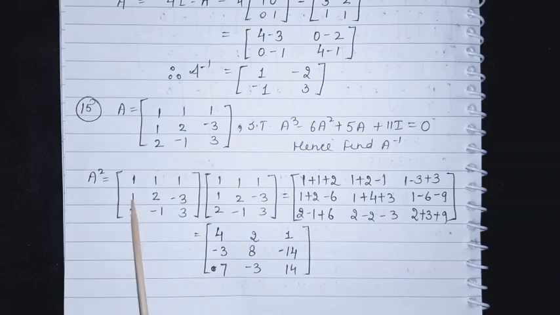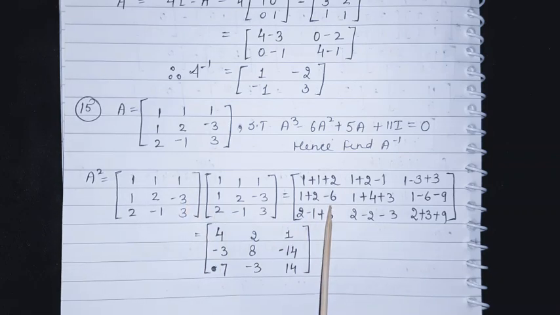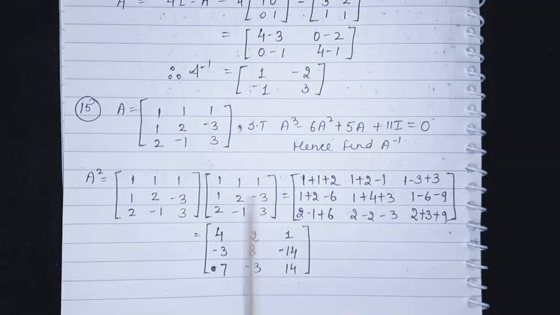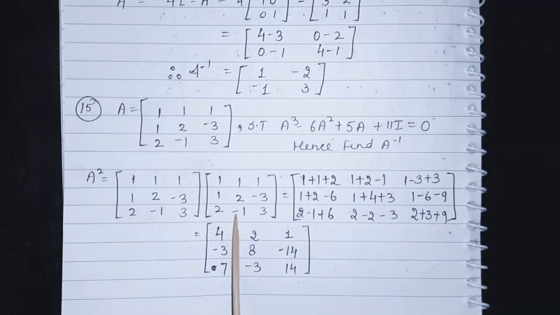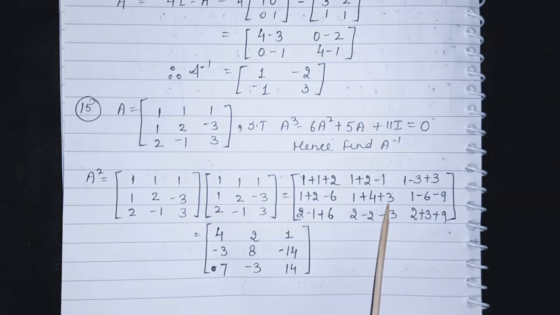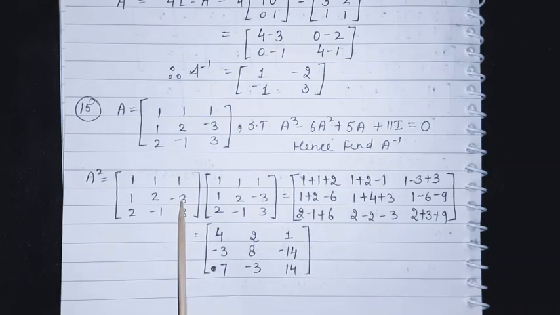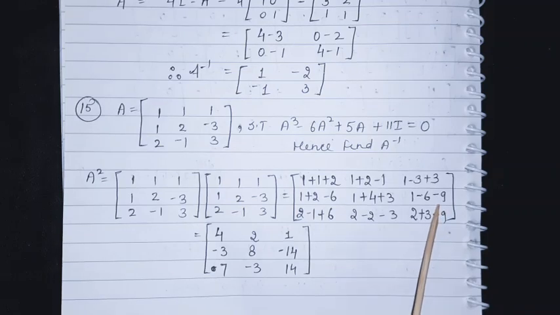Our next element will be second row and first column, 1 into 1, plus 2 and minus 6. Next one, 1 plus 2 into 2, 4, and minus 3 into minus 1, that is plus 3. And the next one is 1 into 1, 1, then 2 into minus 3 is minus 6, and minus 3 into 3 is minus 9.